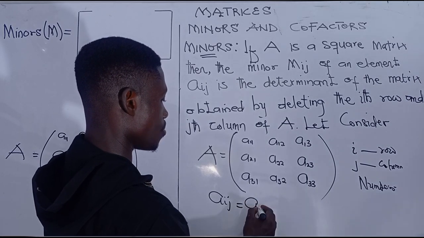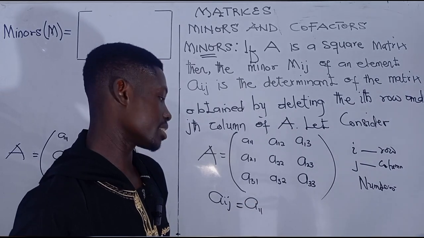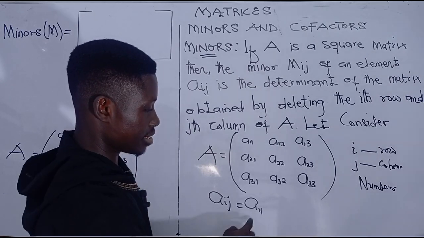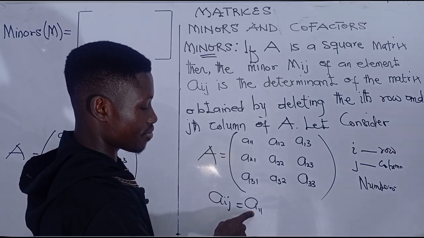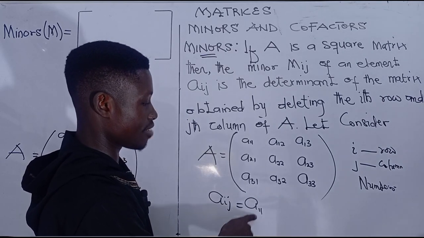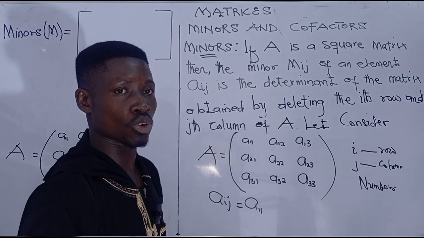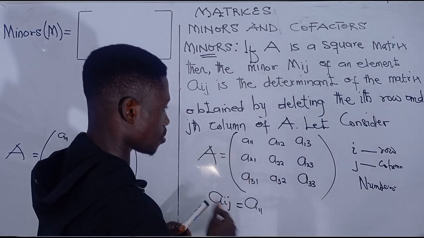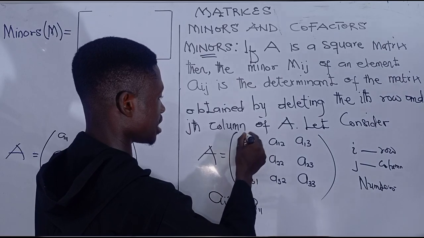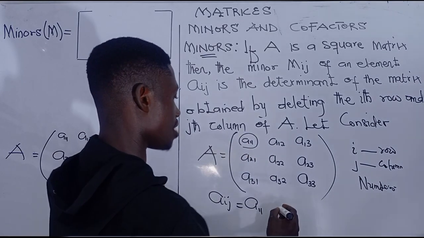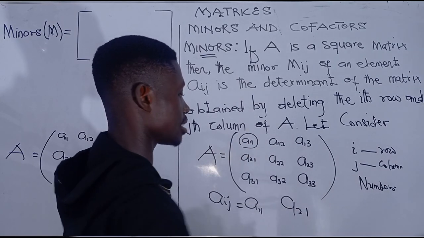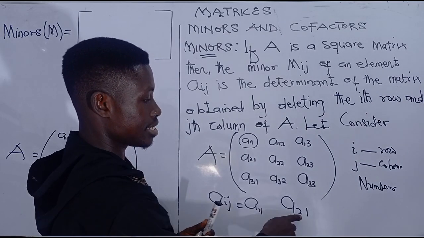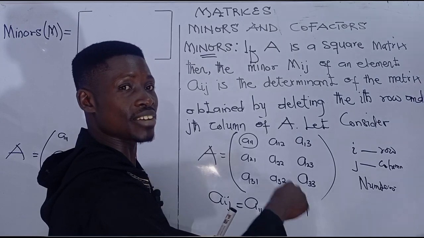So when you have A11, this is telling us the position of the entry within the matrix. This entry is at the first row and the first column. When you have A21, this entry is at the second row of the first column.